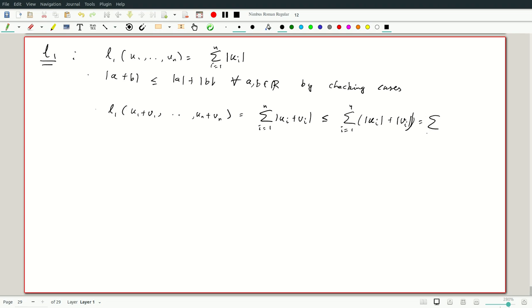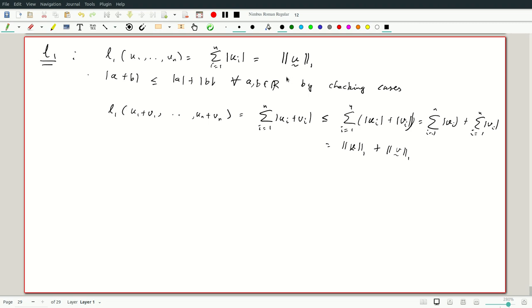So this is the sum of i equals 1 to n of mod ui plus the sum of i equals 1 to n of mod vi, and this is just the L1 norm of u plus the L1 norm of v. Let me write that on the other hand side too, the vector u and the vector v. Okay, so L1 is also denoted as the norm L1 of the vector u.